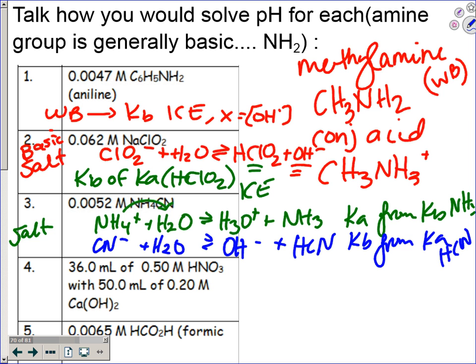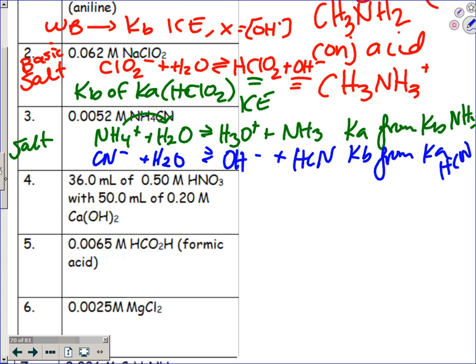So Emily, once I get to this Ka and this Kb, what do I do? That's it, right? Kb is bigger, it's basic. Essentially for a weak salt, it's going to actually form a buffer.